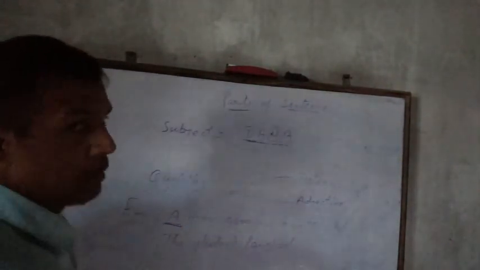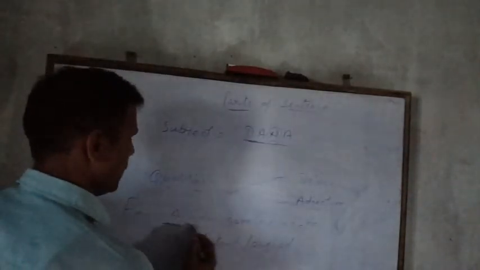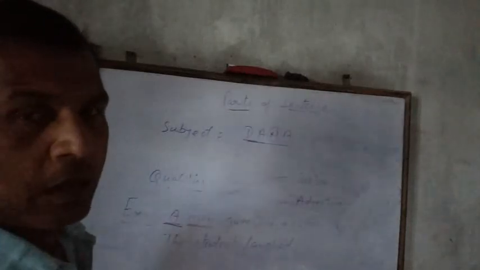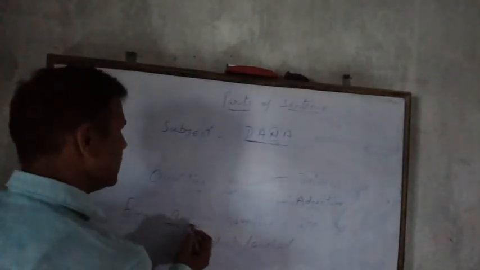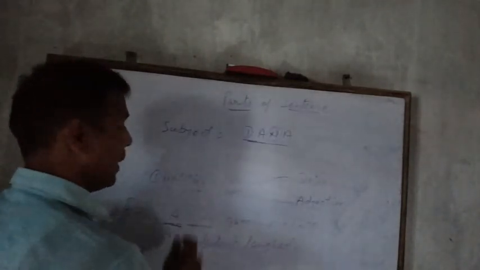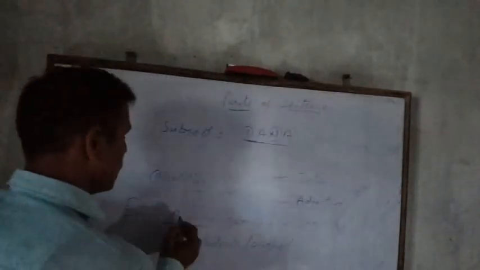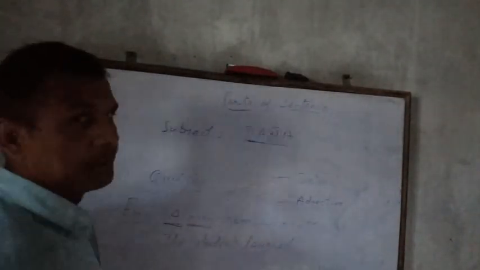हम यहाँ पर देखते हैं कि हम किसके बारे में बात कर रहे हैं? आदमी के बारे में बात कर रहे हैं. Here we are discussing about a man. And man का quality और determiner क्या है इसका? A man, not many men. So a is the determiner here.